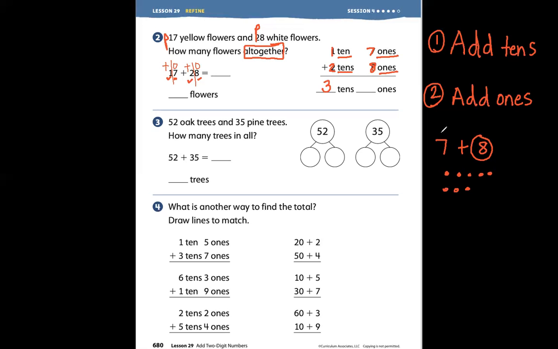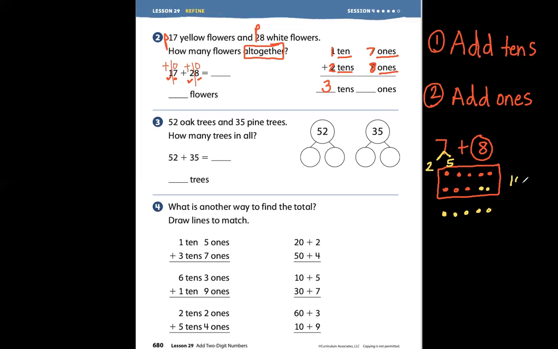We're adding 7 more, but we only have how many more to get to the number 10? Right, I could use 2 of that 7. So the 7 is broken into a 2 and 5 more.